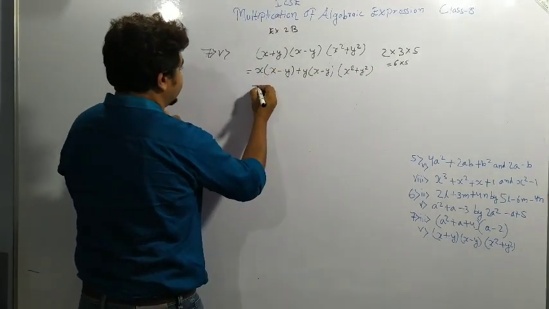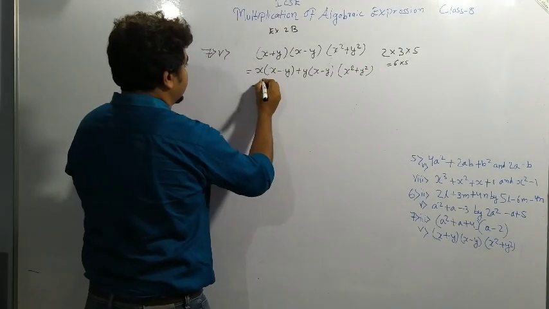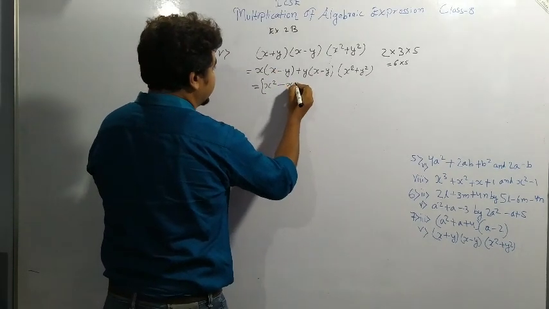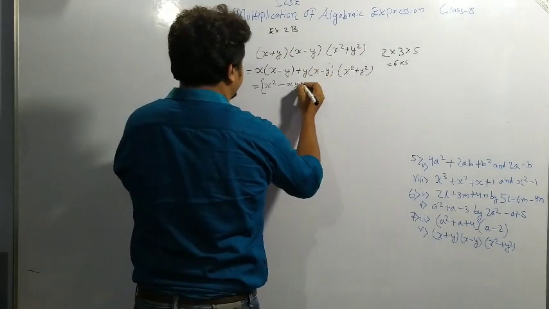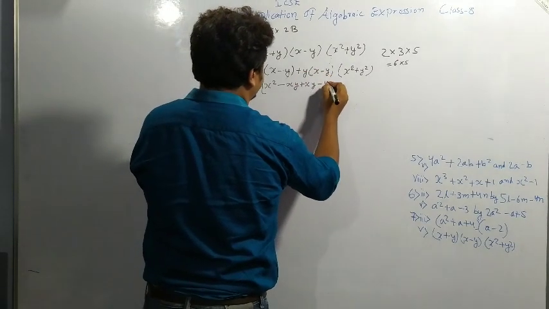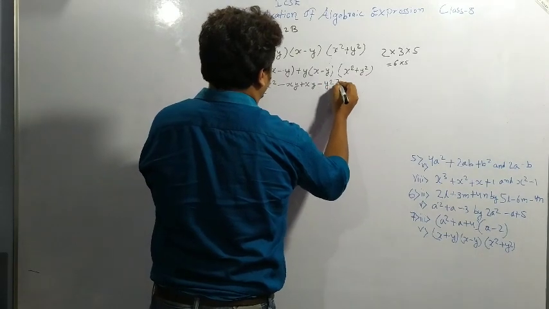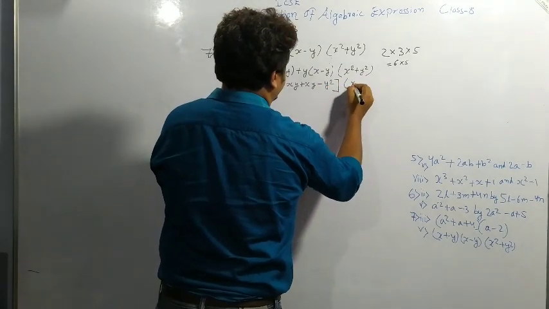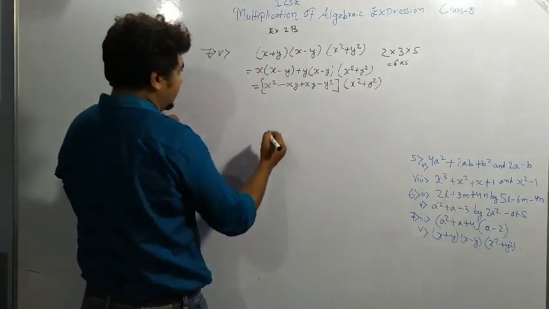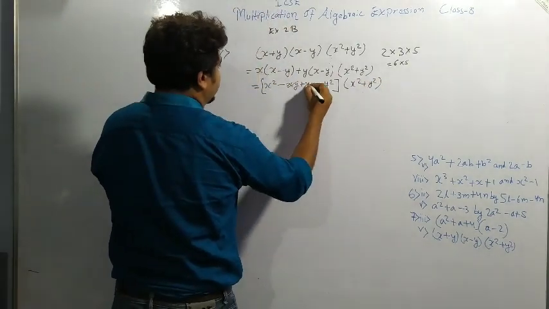x into x is x square. You can take a bracket here, and x into minus y is minus xy, plus y into x is plus xy, and y into minus y is minus y square. So we are getting x square, and this and this term are getting cancelled.